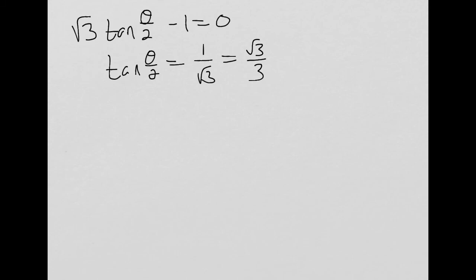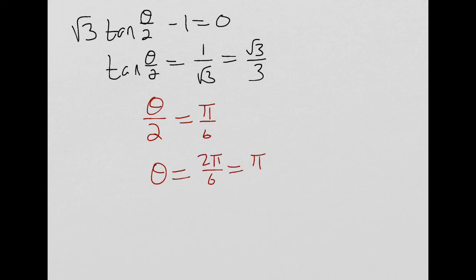Well, hopefully you recognize from the table of values that we did earlier in the semester that this means that theta over 2 has to equal pi over 6. So theta is 2 pi over 6, or pi over 3.